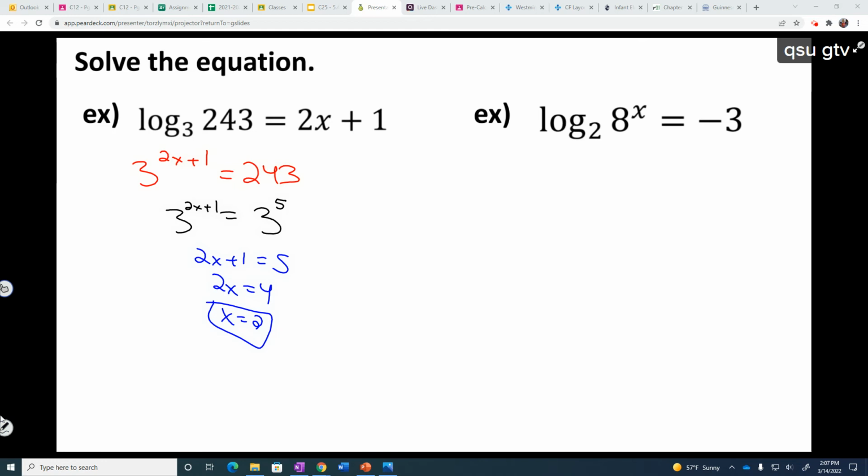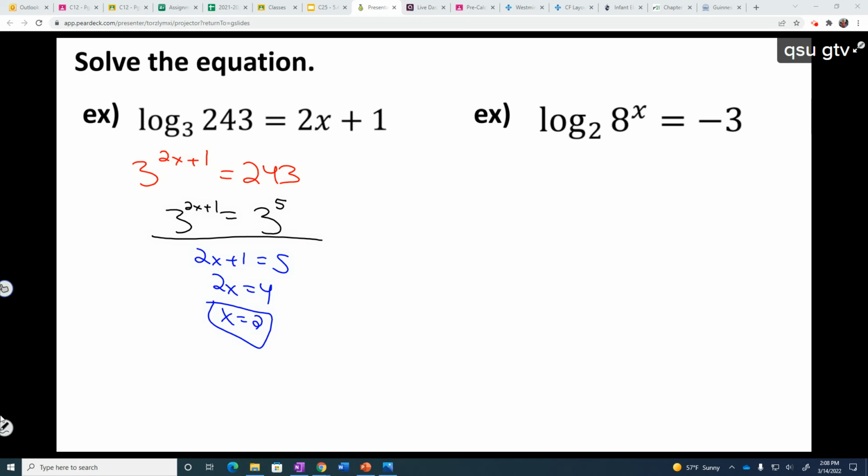Did you ever work that out all the way there? Just make sure you show us that you did that. If you wrote this step here, and then you said x equals 2, that'd be okay.